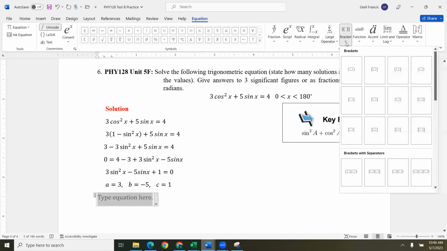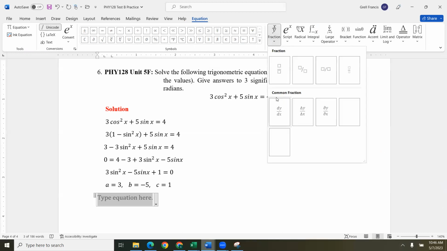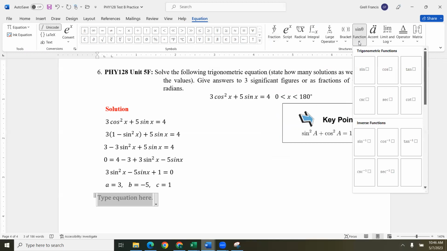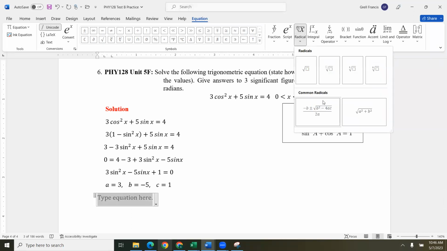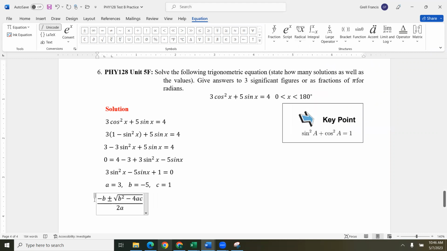I think we've got it here. Or we can simply look it up. I found it under the radical. Here it is. Very famous radical, and that will give us the value of x.